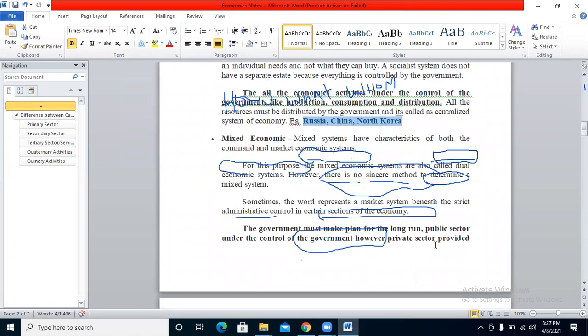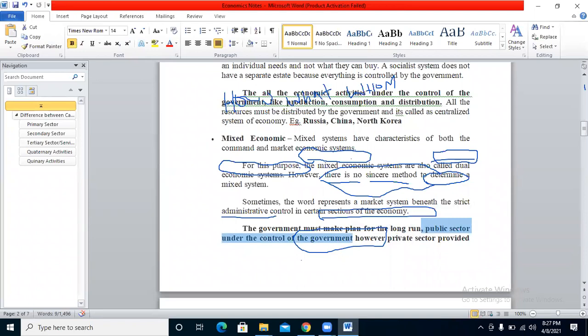In this process, what do we do? The government must make plans for the long run, and the public sector is under the control of the government.